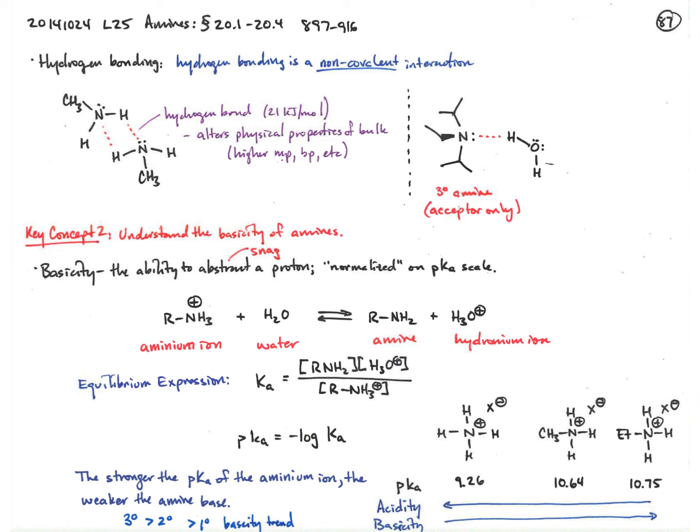So we can then infer that a tertiary base is stronger than a secondary, stronger than a primary, and stronger than ammonia. So the stronger the pKa of the aminium ion, so the lower that number, the weaker the amine base, again, because they're inverted.